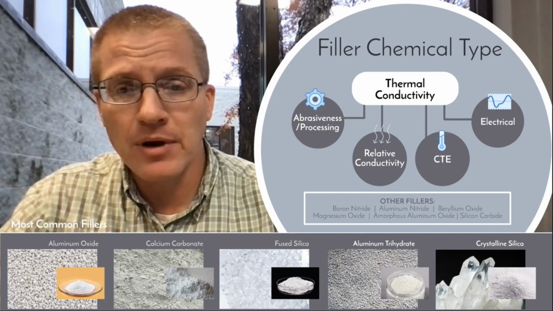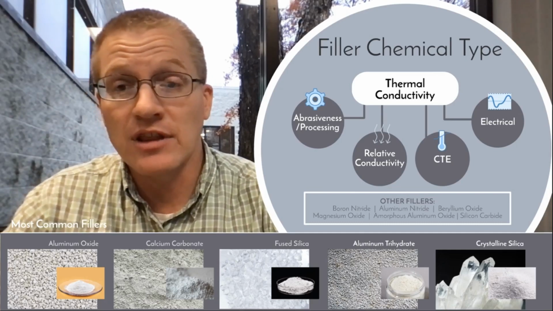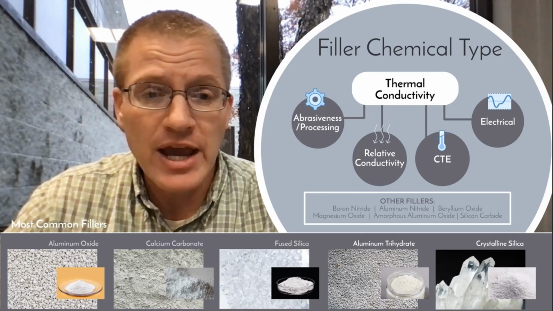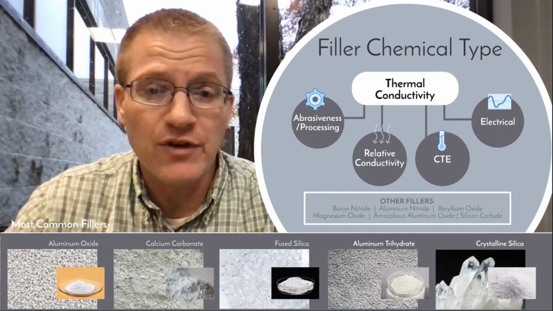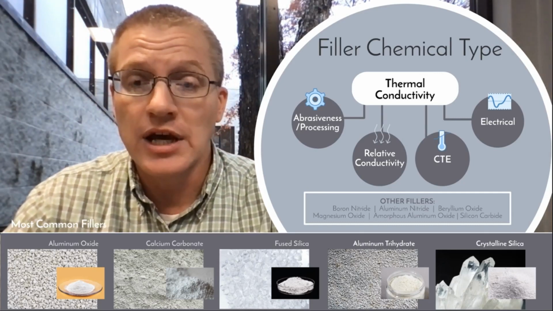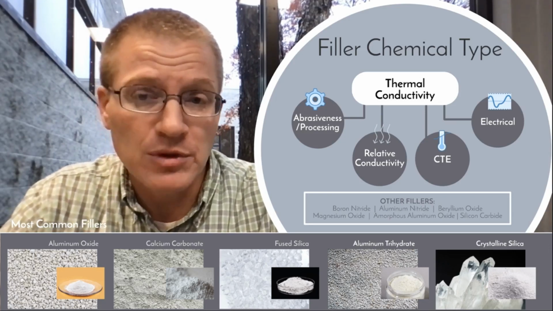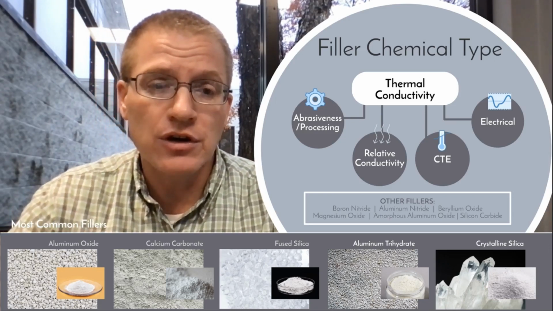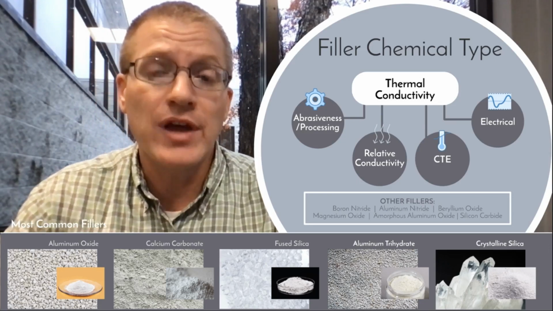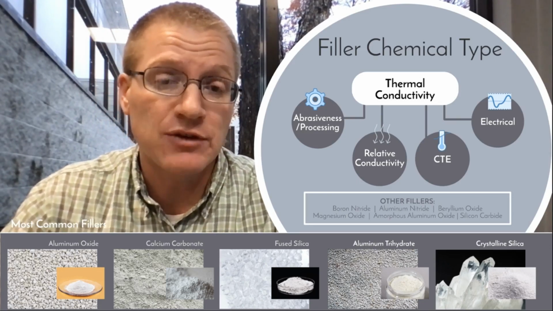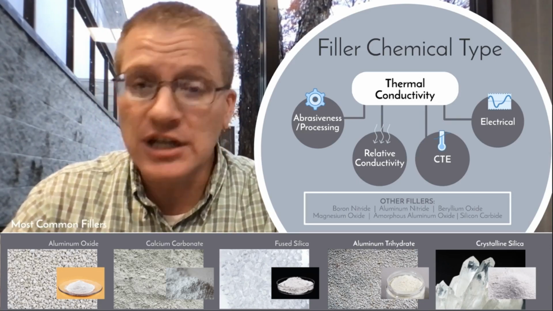Well, the filler type of a material is going to have lots of different properties, right? We have a number of very common fillers that are used in thermoset polymers. Now, not all of these are considered thermally conductive, but I want to give you a good understanding of the range of them and how they relate to each other with these different properties. Now, this isn't an exhaustive list.